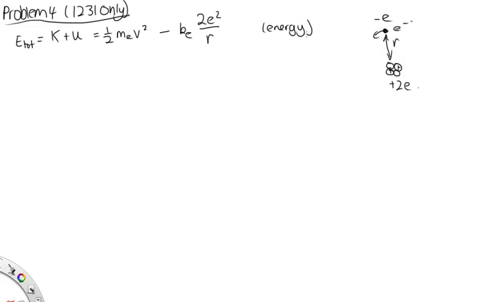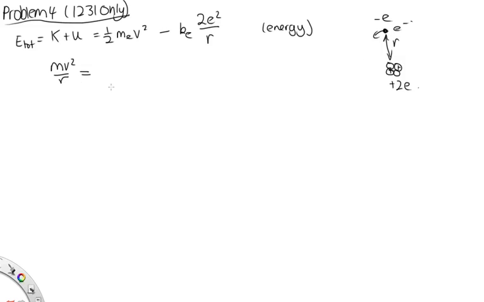Now what we should also do is consider the forces involved. In the Bohr-Sommerfeld model, we assume that this is undergoing circular motion. So the resultant force will be mv squared on r, and this force is exerted by the electrostatic force.